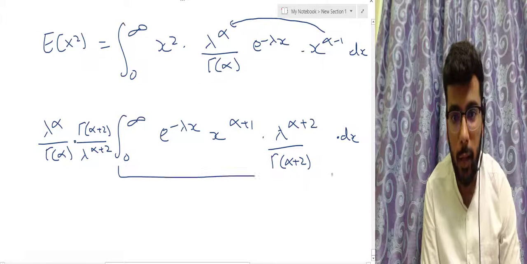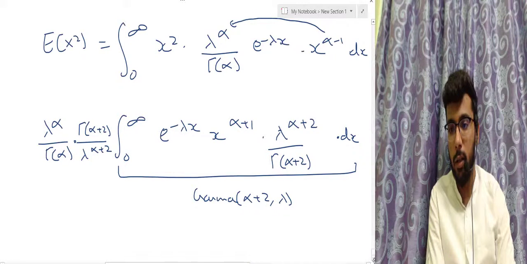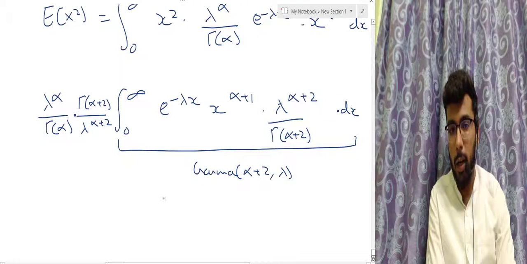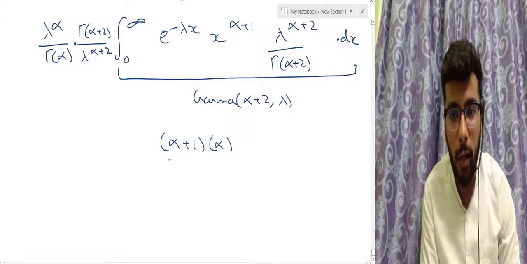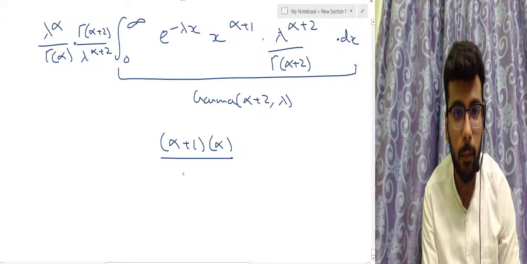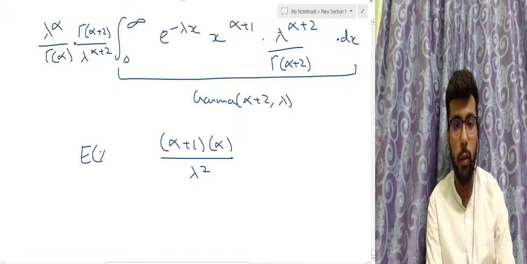So this entire thing is just the PDF of a gamma alpha plus 2 comma lambda distribution integrated over the entire range, which just becomes 1, and the remaining part is alpha plus 1 into alpha upon lambda square. That's what remains. This is expectation of x square.